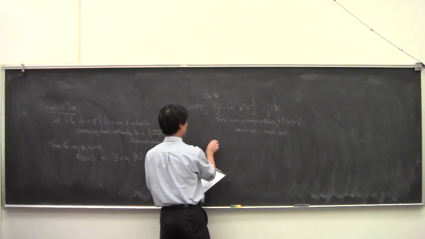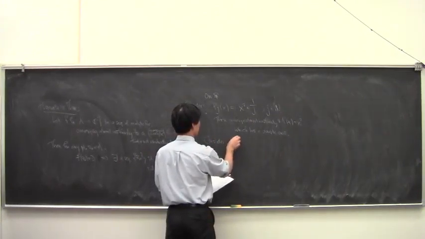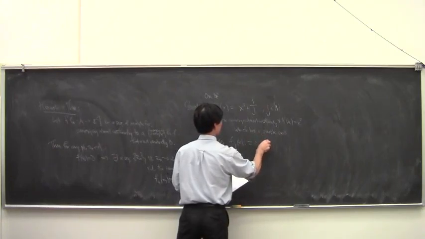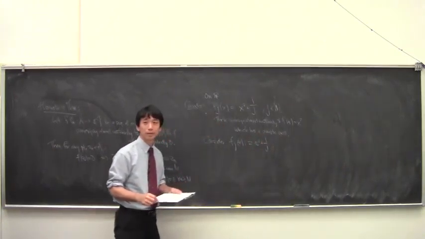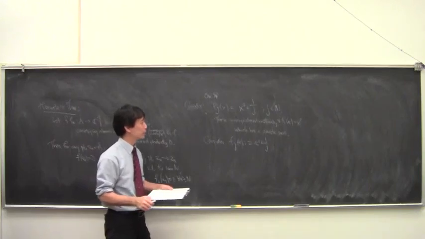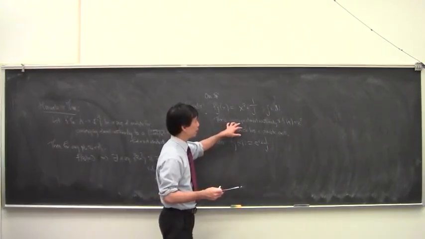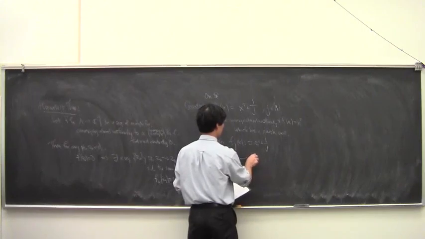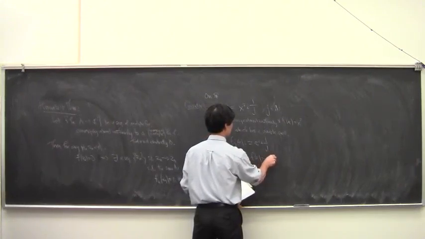Now consider the same functions on the complex plane. Again, you have almost uniform convergence to f of z equals z squared.